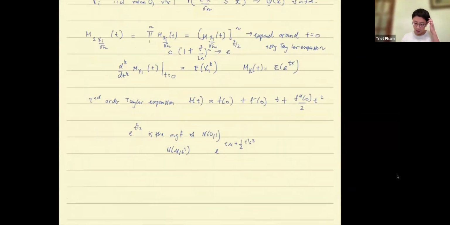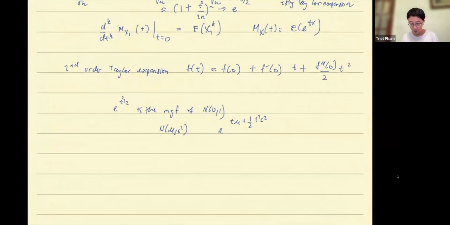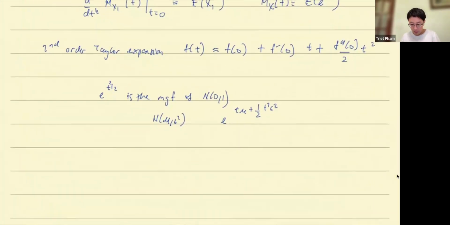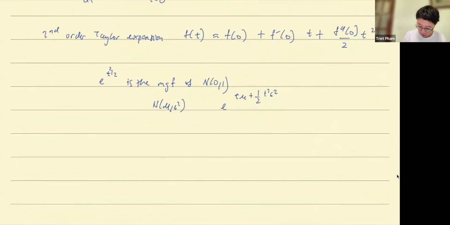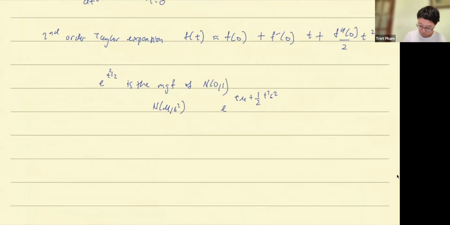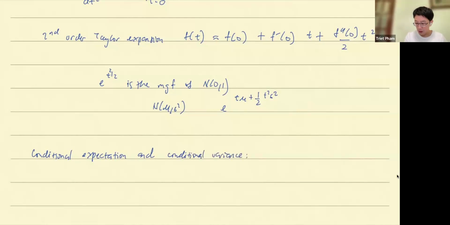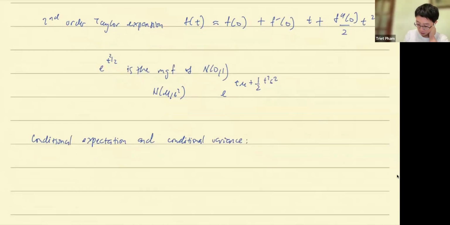All right, so that's enough about the law of large numbers and the central limit theorem. The last thing I want to tell you about is conditional expectation, and let's say conditional variance, which is a very common technique used in probability to calculate expectation and variance.